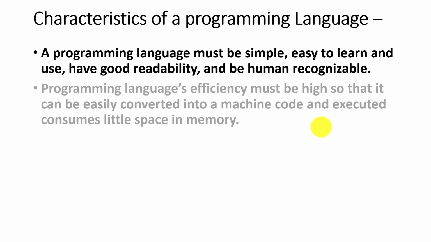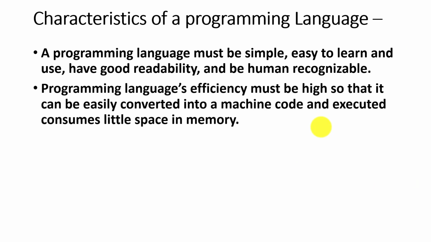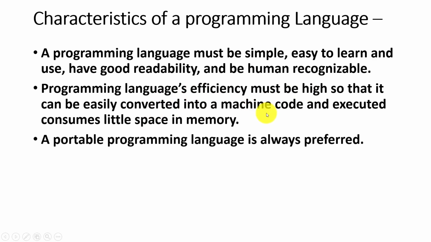Now let's understand the characteristics of a programming language. A programming language must be very simple and easy to learn, like a high level language. It should have good readability and be human recognizable. Programming language efficiency must be high so that we can convert it into machine code, because computers only understand machine code.